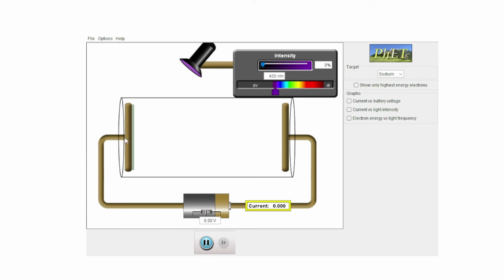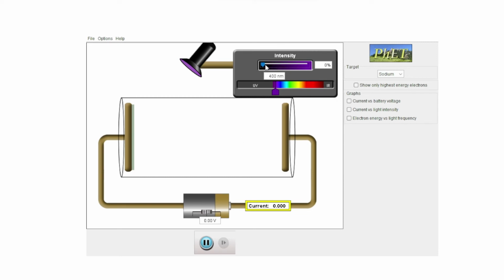But now because we have the ejected electrons landing on the other side, an increase in the frequency of light would also increase the current, because more electrons will be hitting per unit time, because the kinetic energy is increasing due to the increase in frequency. Just an important distinction there.